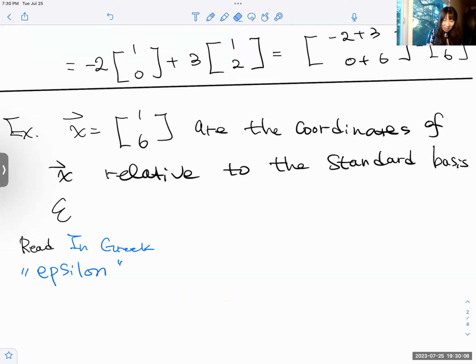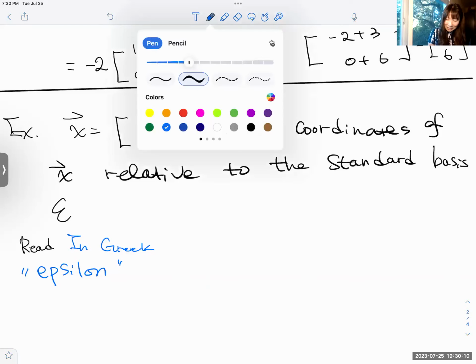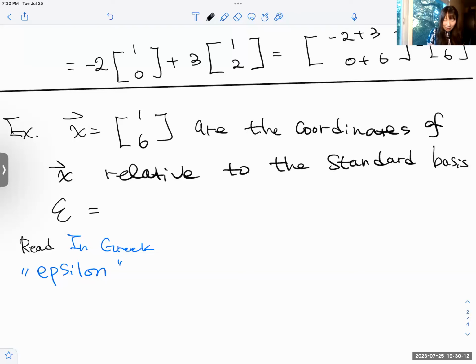All right, so we have a set of standard basis, which is e sub 1 and e sub 2. We want to find this time the epsilon coordinate of a vector, not B. So we denote it this way.